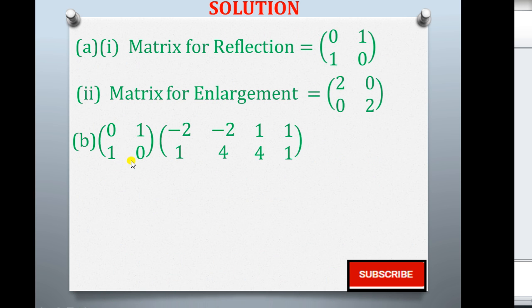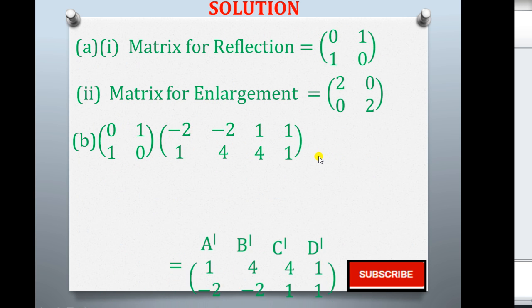This is our first transformation matrix, which was a reflection. So we multiply it by our object matrix. The coordinates negative 2, 1 represent A, negative 2, 4 represent B, 1, 4 represent C, and 1, 1 represent D. So we are simply going to multiply these two matrices. You multiply a row by a column.